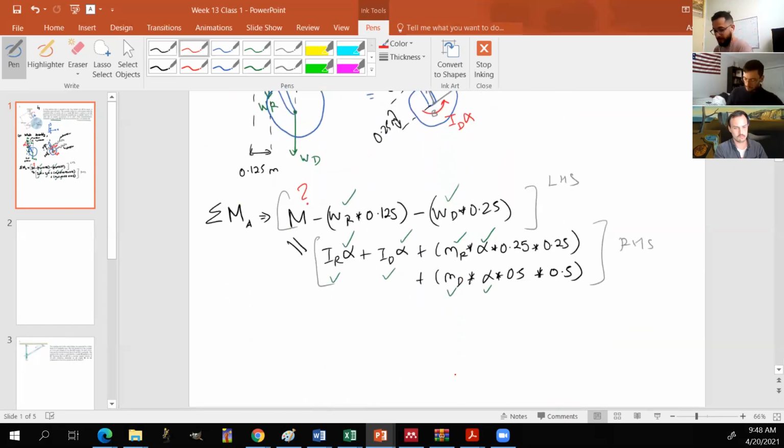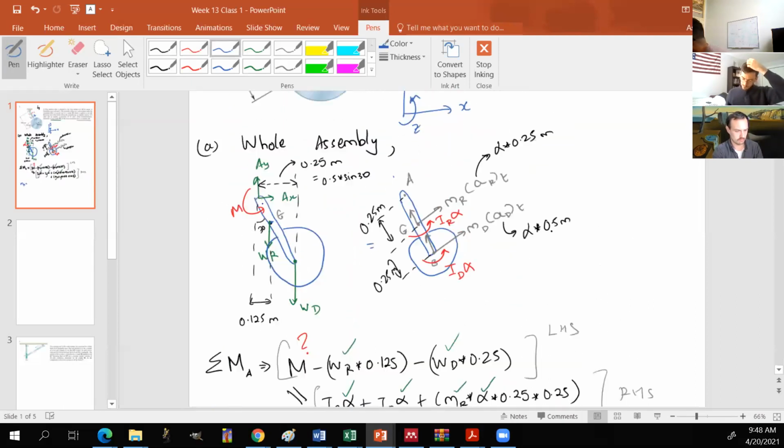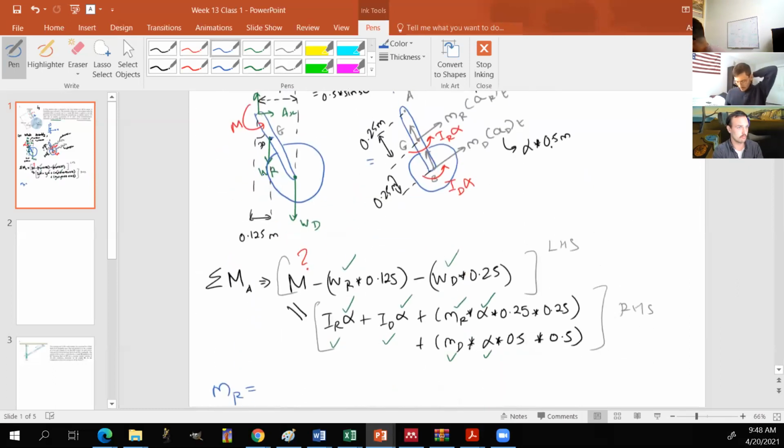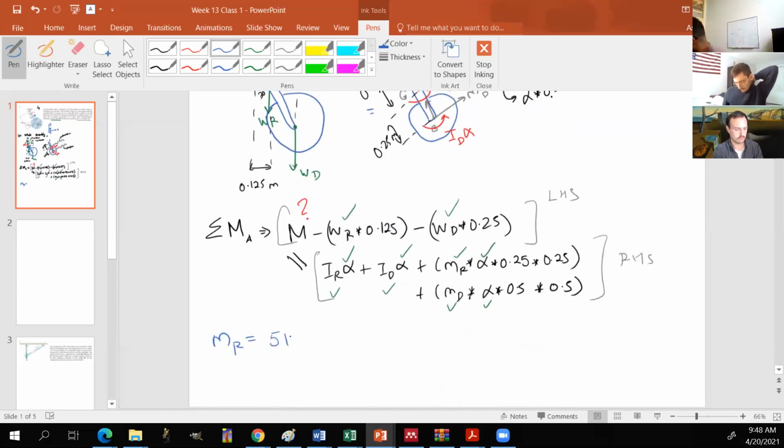Okay, so let's set this up. The problem statement tells us that the mass of the rod is equal to, what does it say? 5 kilograms. The mass of the disk is equal to 9 kilograms.